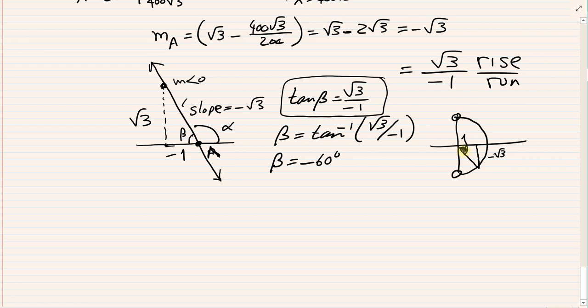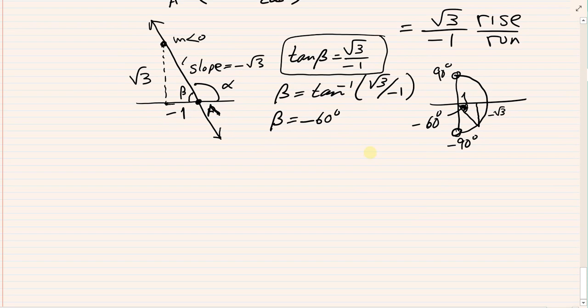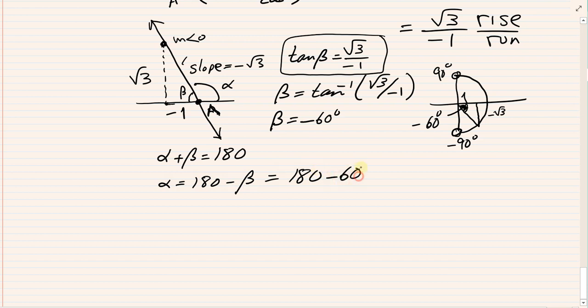So the measure of this angle again is going to be 60 degrees, and it's negative because it's within the range of inverse tangent from negative 90 to 90. So beta is negative 60, right? Alpha and beta are supplementary angles, so their sum has to be 180 degrees. Therefore, alpha is 180 minus beta, and that's 180 minus 60 degrees.